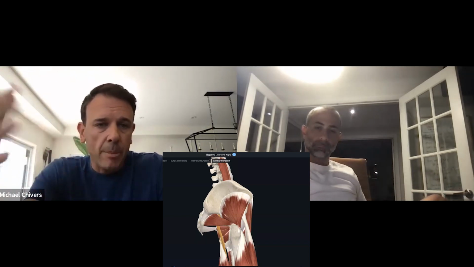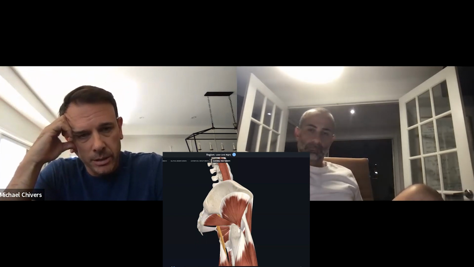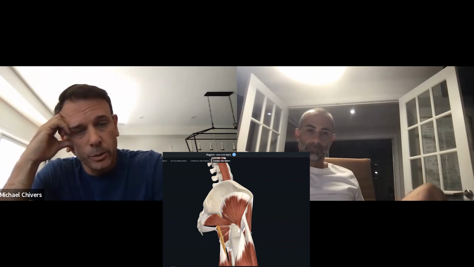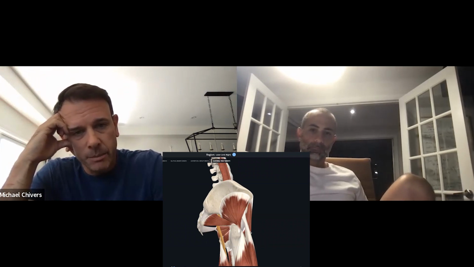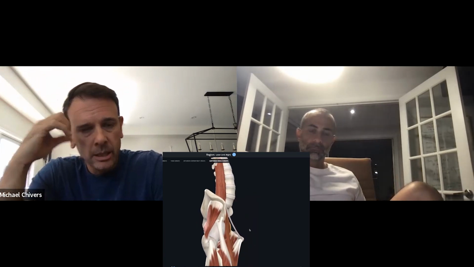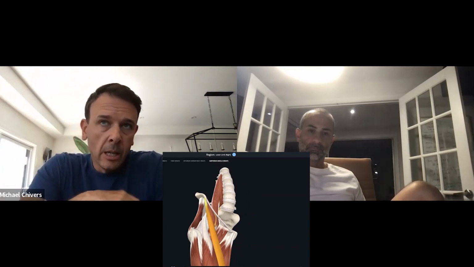Again, these are just capsular tuners of the anterior hip joint. So this is how we must think of glute minimus, as being part of the anterior hip capsule, a tensional tuner of that anterior hip capsule.